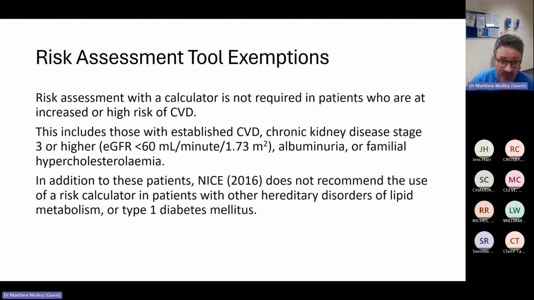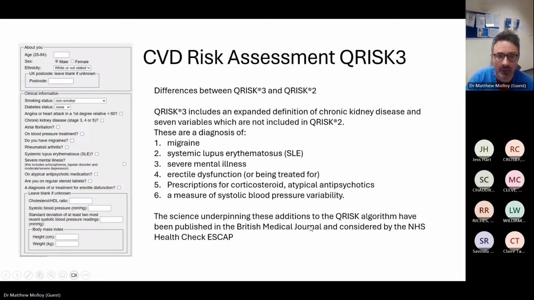In addition to these patients, NICE doesn't recommend the use of risk calculations in patients with other hereditary lipid disorders or type 1 diabetes. This is because these cohorts of patients are so high risk that regardless of the QRISK, we're going to want to do everything we can to control their blood pressure and get them on statins.